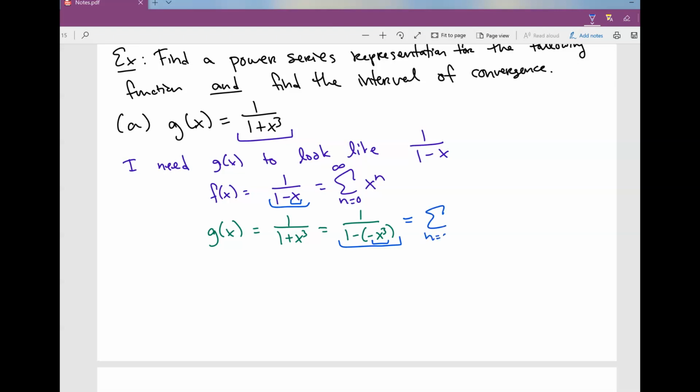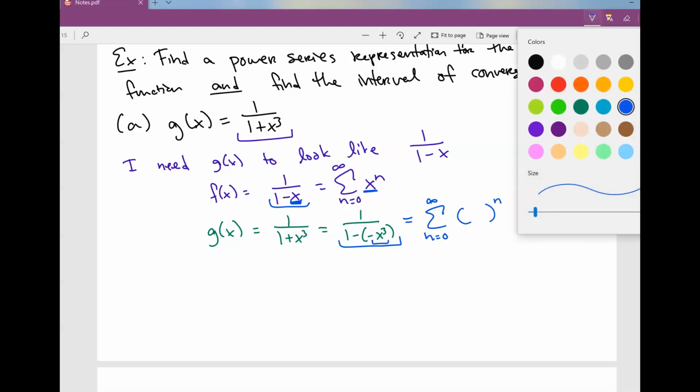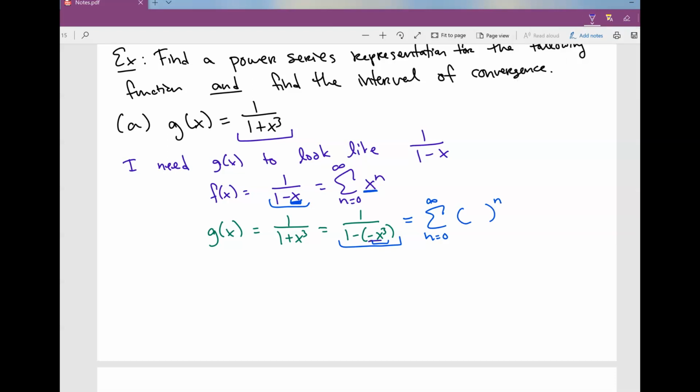So I'm going to write the summation from n goes from 0 to infinity. Now, this x comes from this x, so whatever I plug in there has to come from whatever's inside the parentheses, and inside the parentheses is a negative x cubed. So we're going to put a negative x cubed in there.